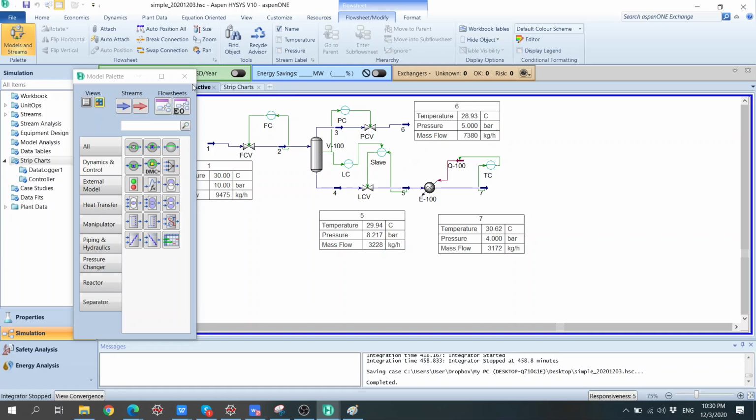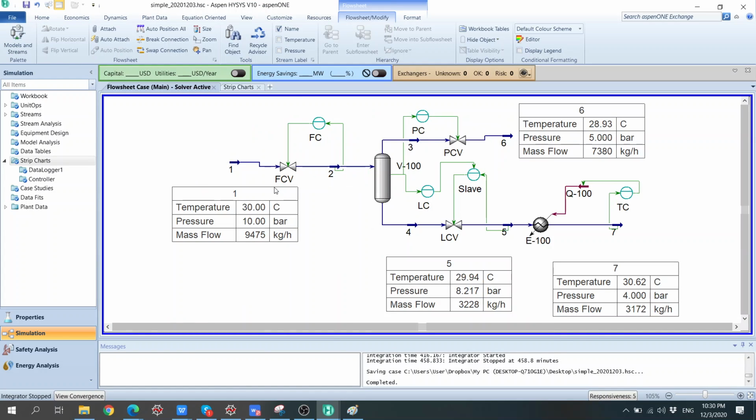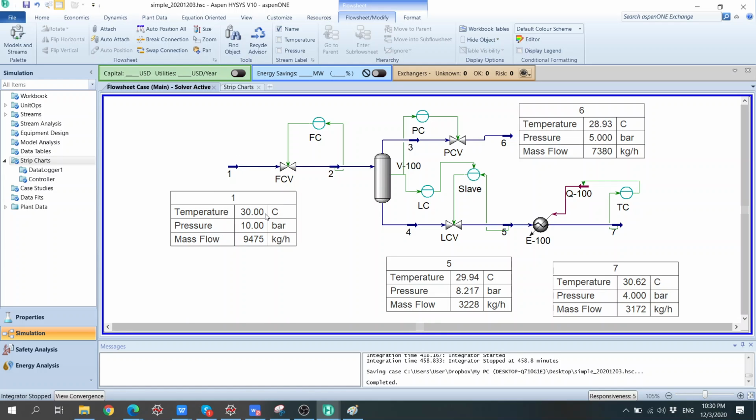In terms of making steady state simulation, we have done so. Yes, you need more practice to do so. Developing dynamic simulations, we have done so, and defining the control variables, we have done it.